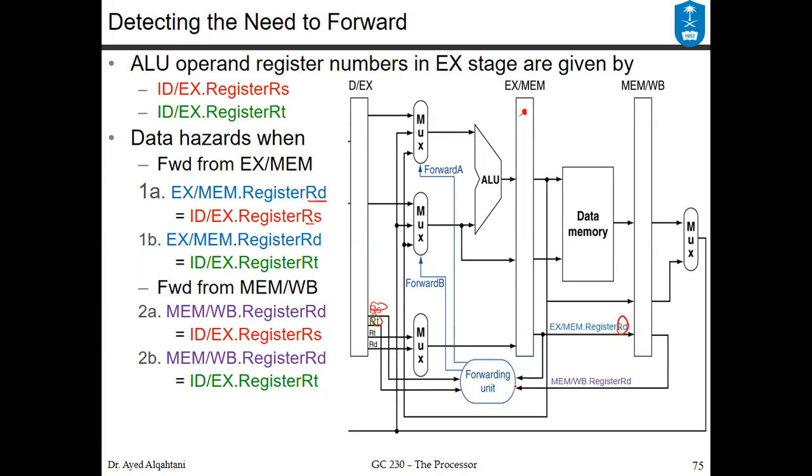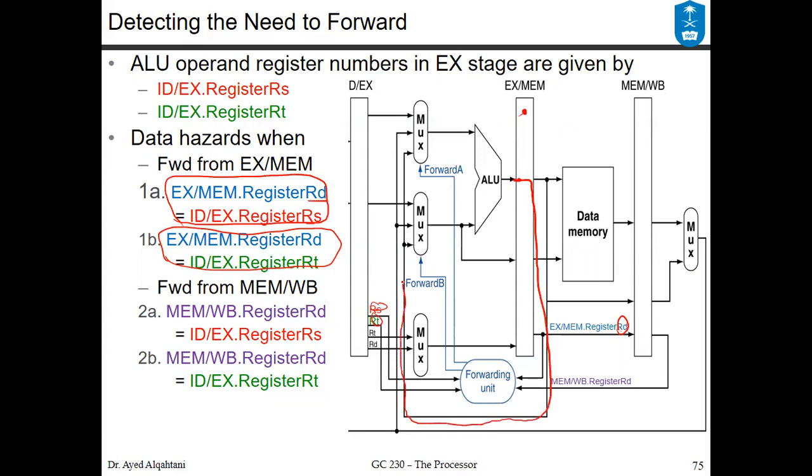So now we have a forwarding unit that needs the RS and the RT, and it also needs the RD that comes from this pipeline register to be able to make those two comparisons. This way we cover the forwarding from the ALU back to the ALU again.